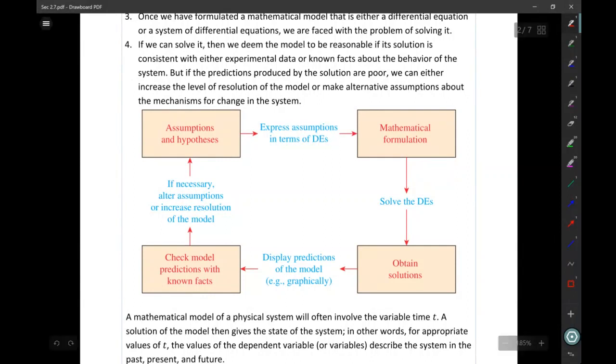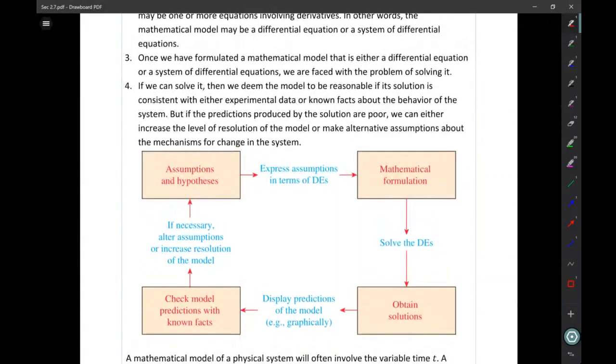But before we think about any problem, I have to determine my assumptions and hypotheses in my problem. Then I have to transfer the problem, according to my assumption and hypothesis, into a differential equation.